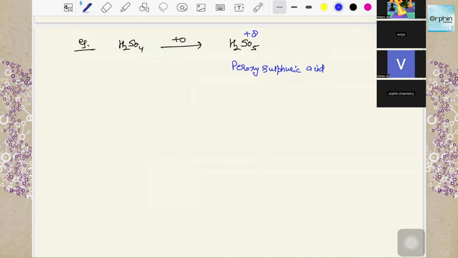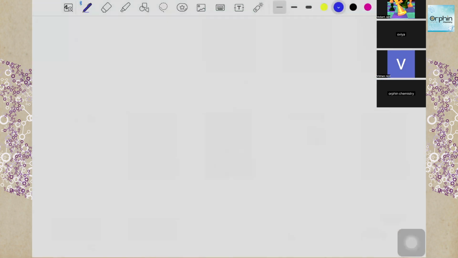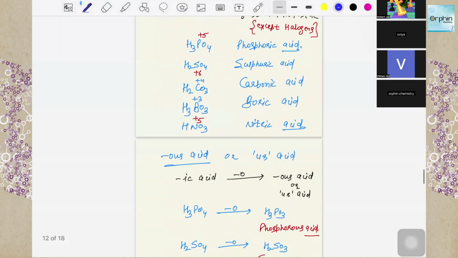Marshall's acid is H2S2O8. Pyrosulfuric oleum. Some common name is there for this compound.